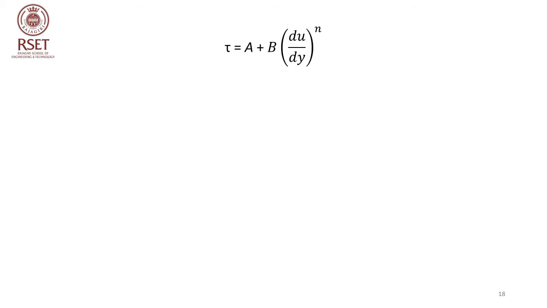Now, instead of Newton's law of viscosity, if I modify it, the equation will be: shear stress equals A plus B into (du/dy) raised to n, where A and B are constants and n is an exponent used to define whether it is a shear thickening or shear thinning fluid.